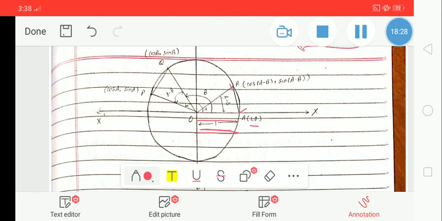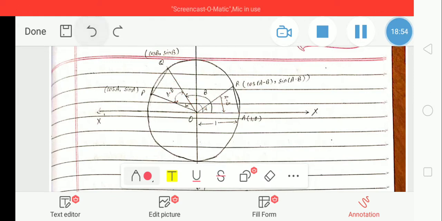And here are P and Q. Angle A starts from here to P, and starting from X to Q the angle is B. So here is A and that is B, shown in the figure.